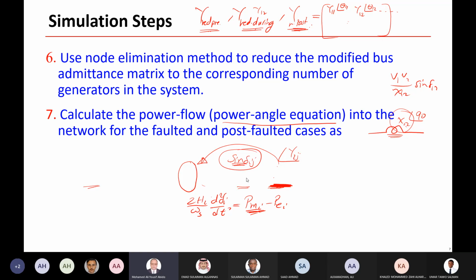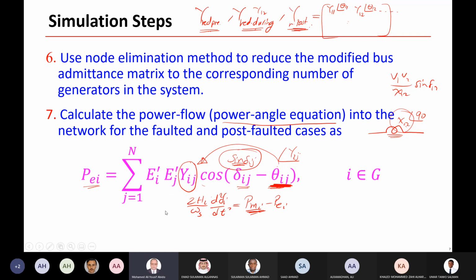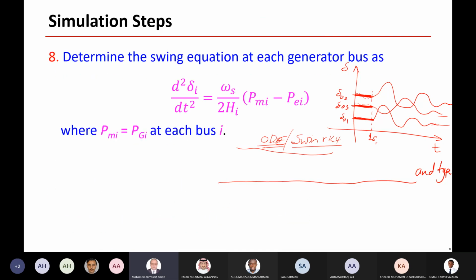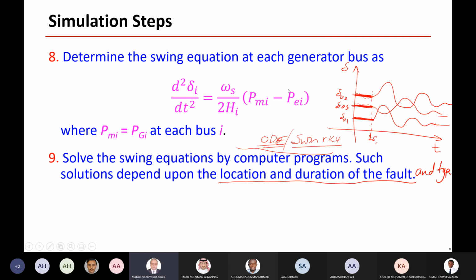Okay, so let us continue. All these steps have been covered, discussed last class, and this is the swing equation of each machine. طبعا you have here BE, which is function of the Y bus matrix, and this Y bus matrix will be 3 of Y bus matrices developed pre-fault, during fault, and post-fault.